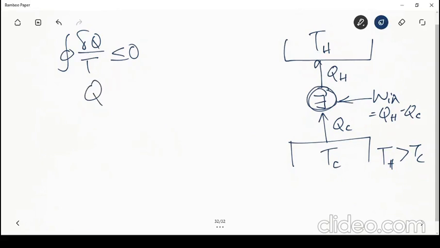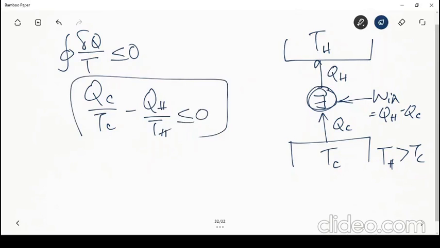So I can write QC by TC minus QH by TH is less than or equal to 0. That is your finding from the Clausius inequality. So if I rearrange this, then it basically tells me QH is greater than or equal to TH times QC by TC.